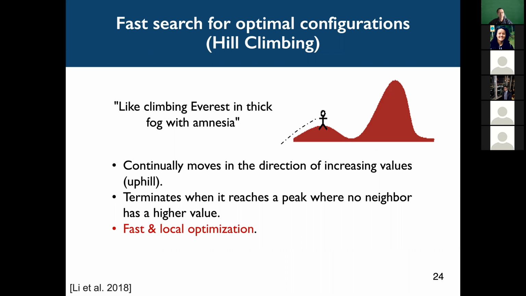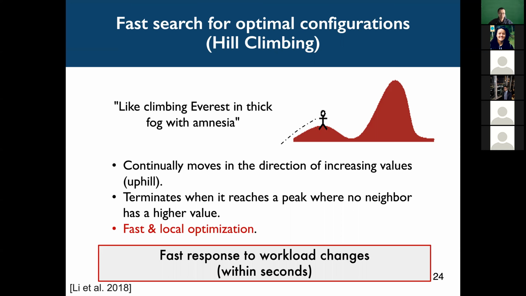The experiments show that this local and fast optimization algorithm can satisfy our usage scenario. So we can have a fast response to workload changes within seconds, and adjust the configurations. Okay.